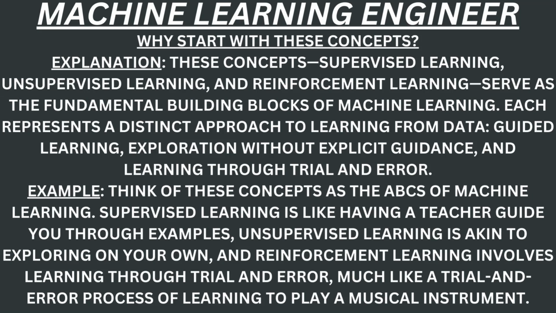Example: think of these concepts as the ABCs of machine learning. Supervised learning is like having a teacher guide you through examples. Unsupervised learning is akin to exploring on your own, and reinforcement learning involves learning through trial and error, much like a trial and error process of learning to play a musical instrument.